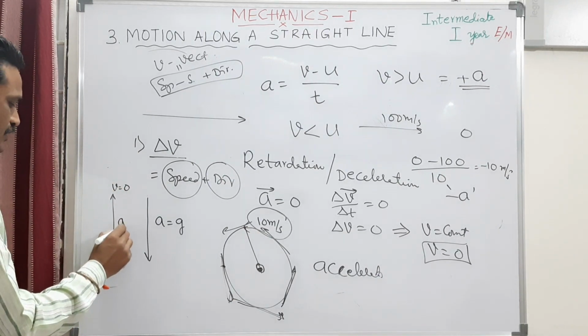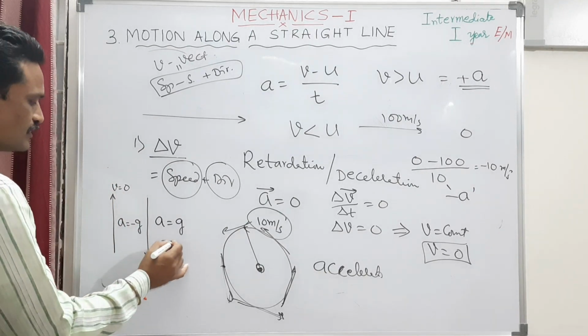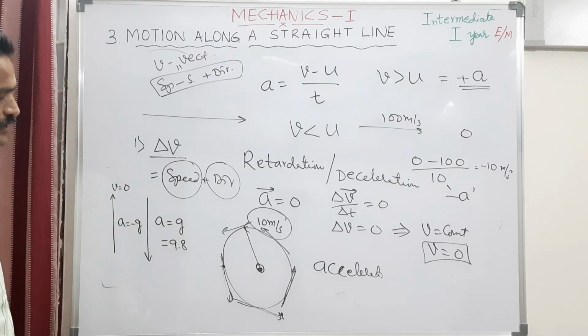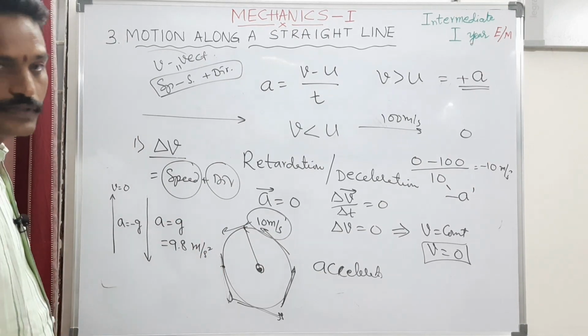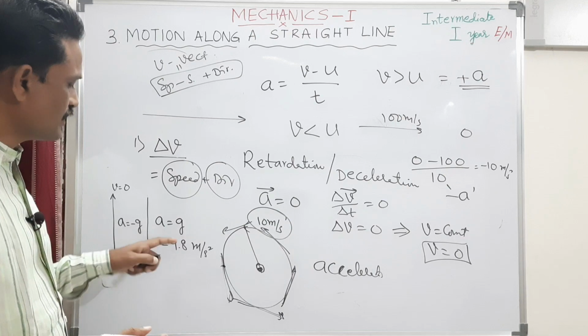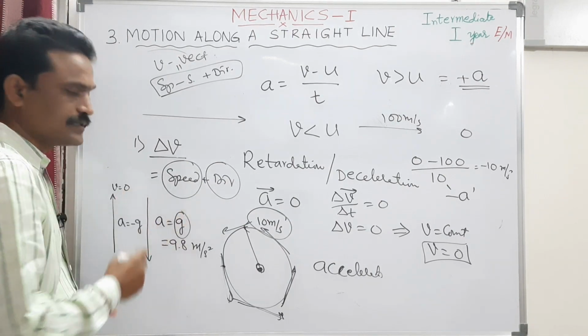So here you have retardation, and that value is minus g. The value of g that we will be discussing in later chapters is 9.8 meter per second square. The acceleration of a freely falling object is called acceleration due to gravity, given by small g.